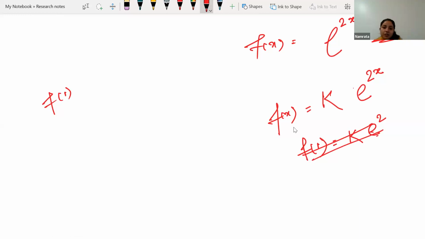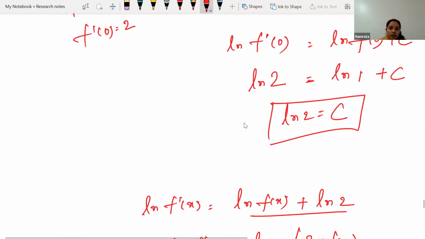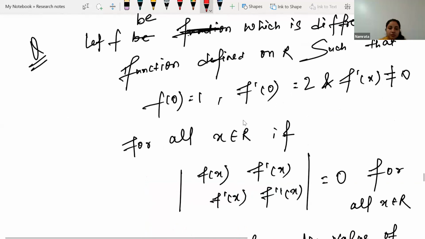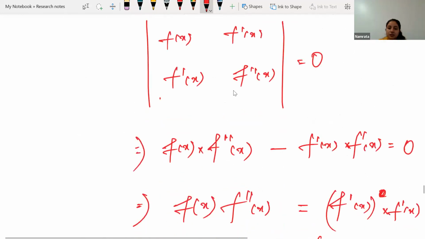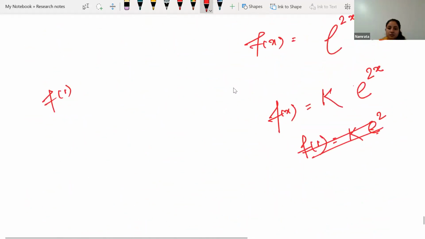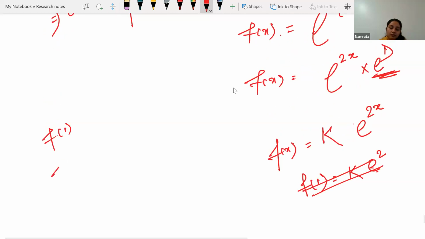The given condition is f of 0 is equal to 1. If we take x as 0, then f of 0 will be 1. So this became 1, this is k and e to the power 0. Okay, k we got 1.